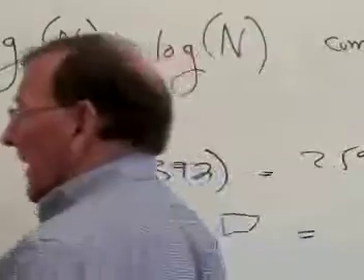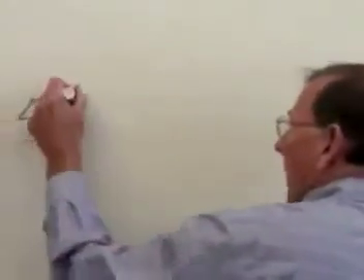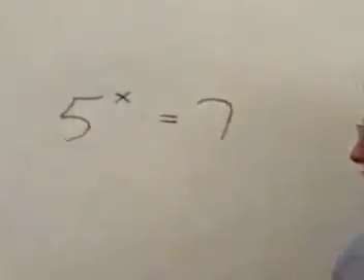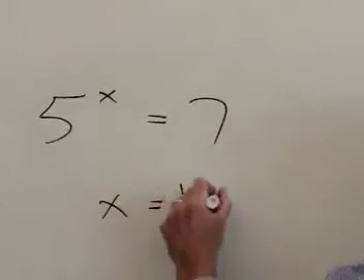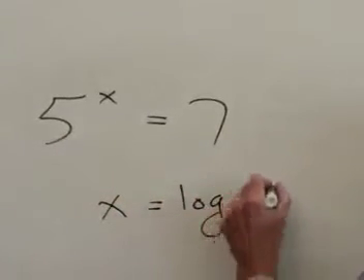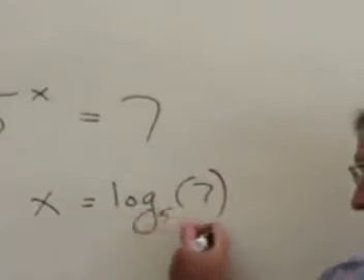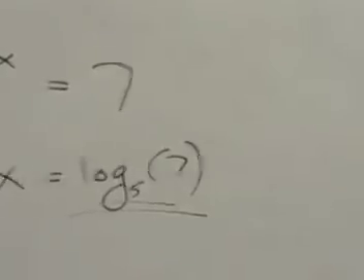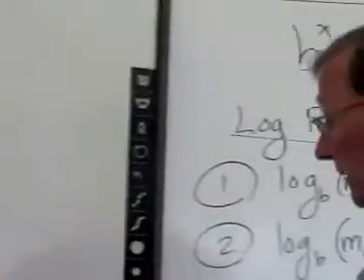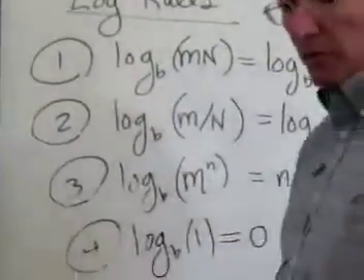But how does that help me find the answer to this problem? 5 to what value gives me 7? I do know that that is, by definition, log base 5 of 7, but I don't know how to do that computation on my calculator because I only have base 10 ability on my calculator. Well, there actually is a way to convert back and forth, and just remind you of that.